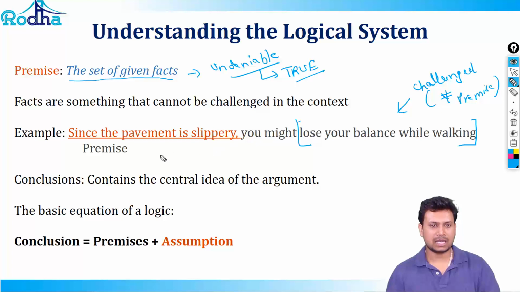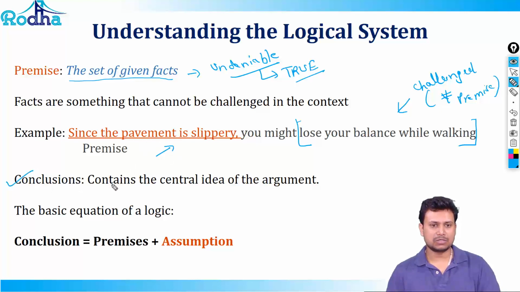But what can't be challenged is the fact that the pavement is slippery. And since the pavement is slippery, you may or may not lose your balance. So whatever is contextually right, whatever cannot be challenged, has to be the premise. So this becomes the premise of this argument.